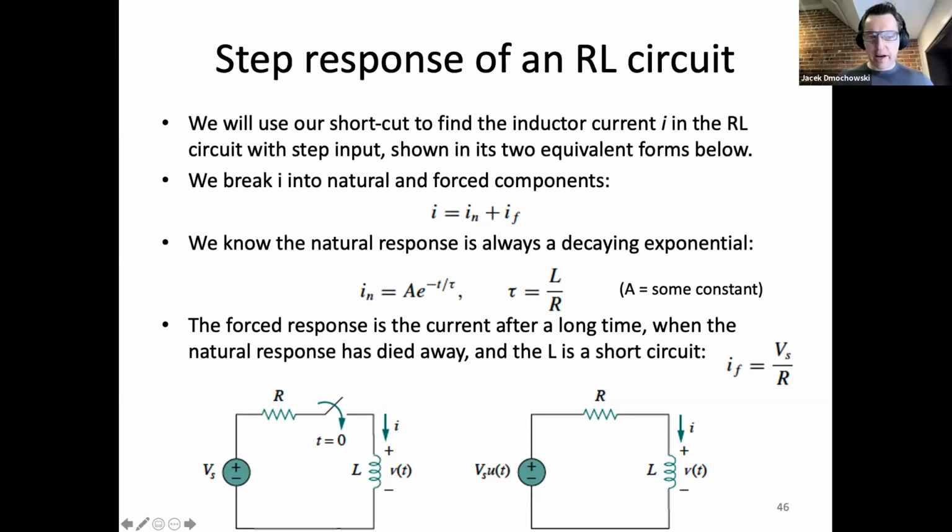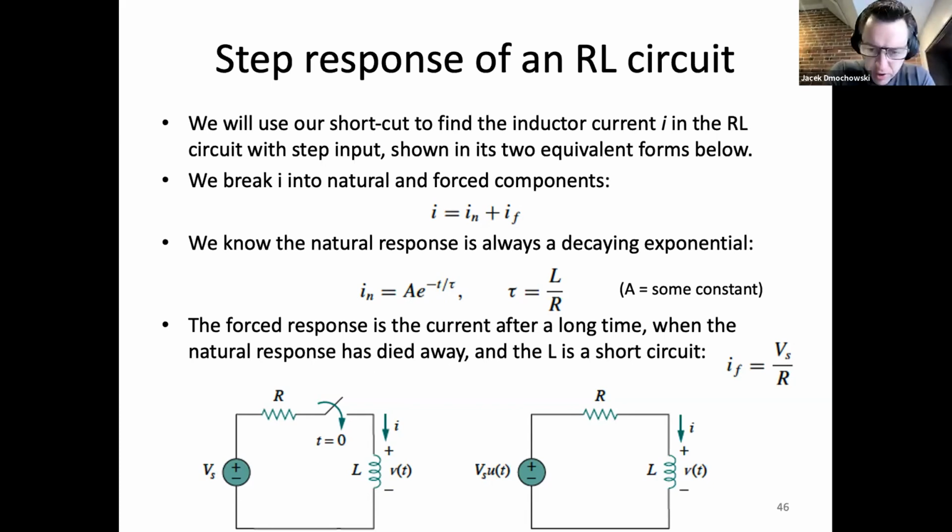Okay, so we know the value of I_F, but we need to find the value of A and tau. And we're going to get that by applying the principle of continuity to the inductor. Remember we said that for an inductor, its current cannot change abruptly.